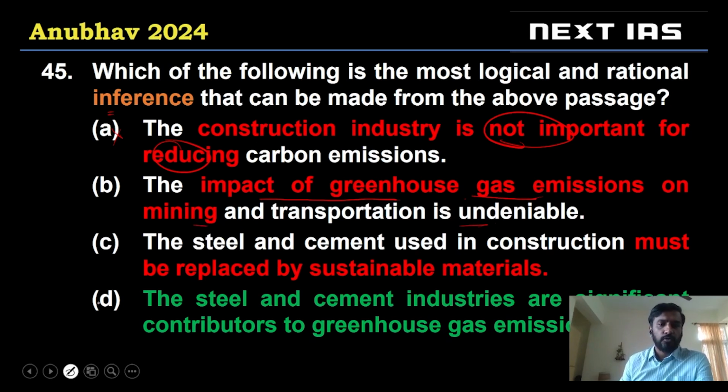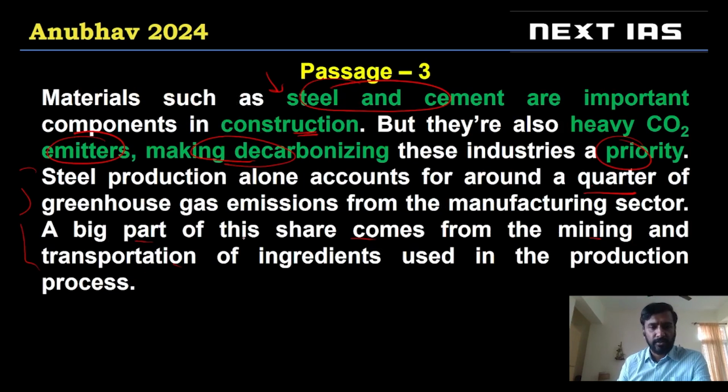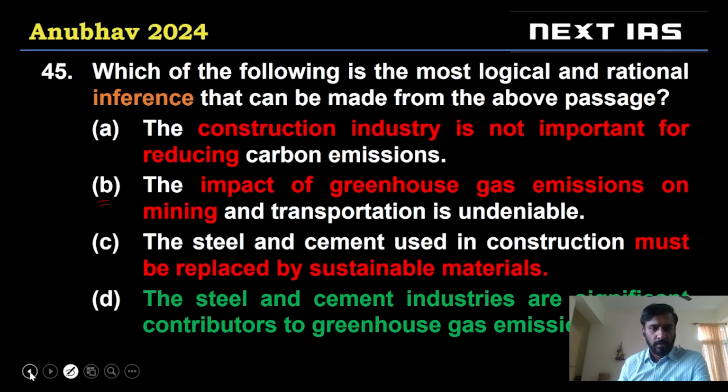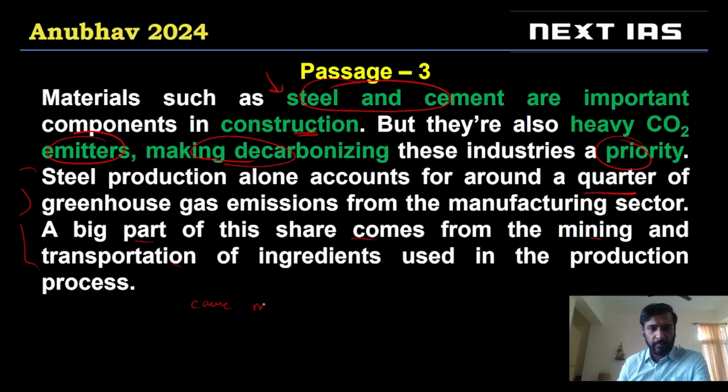Again, I suspect a few students to have gone with B. If you notice, the cause effect relationship has been changed. Cause was, let's say, just a moment. Cause was mining emission, and effect was negative impact.